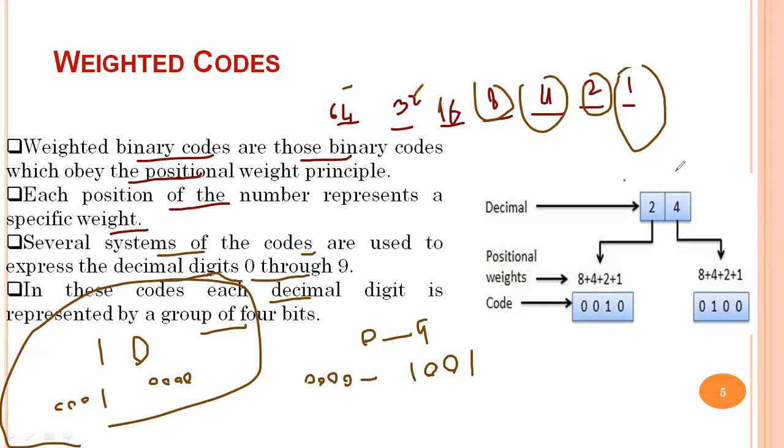Similarly, suppose the decimal number is 2 and 4. We will have to convert it like this. These are the positional weights over here and over here. The representation of 2 is 0 0 1 0 and 4 is 0 1 0 0. So that will be transmitted.